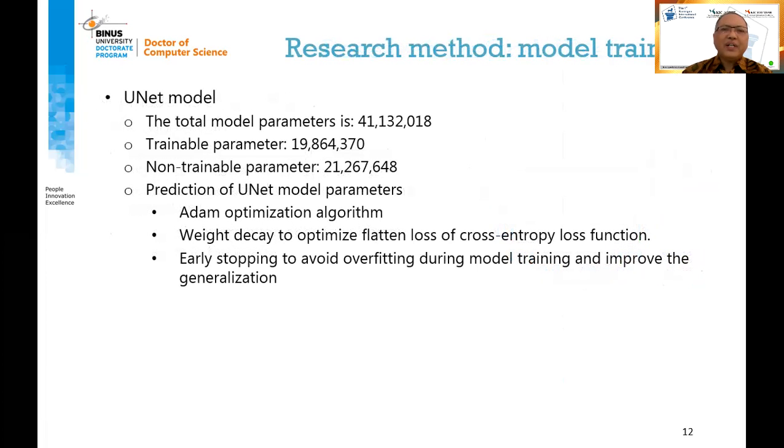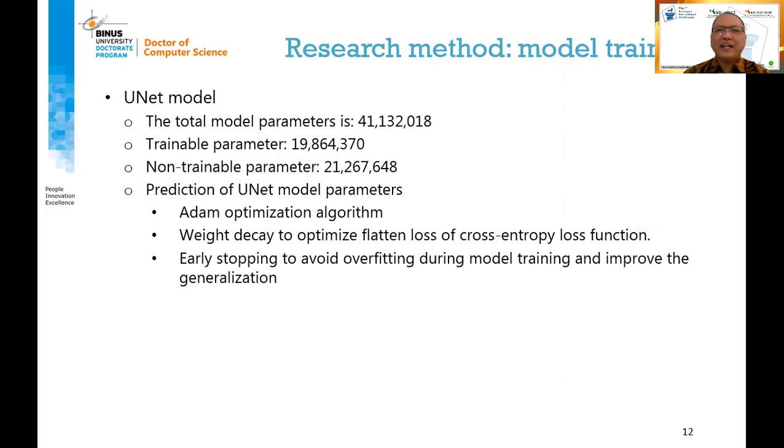All right, so the UNET model that we use in this research consists of 41 million, okay, 132 more model parameters. It's very huge. So we cannot train this model by only using a conventional computer like a laptop.